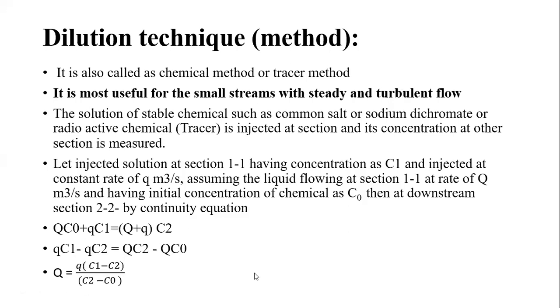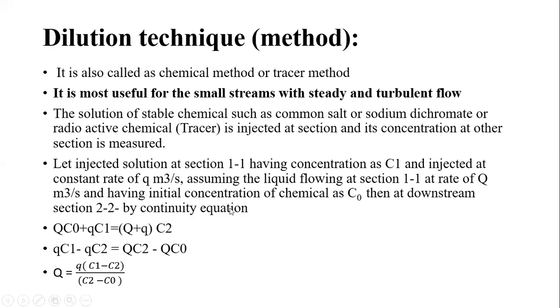Okay, so let the injected solution at section 1-1 have a concentration C1 and be injected at a constant rate of small q meter cube per second. Okay, assuming that the liquid flowing at section 1-1 at a rate of capital Q meter cube per second has an initial concentration of chemical as C0.